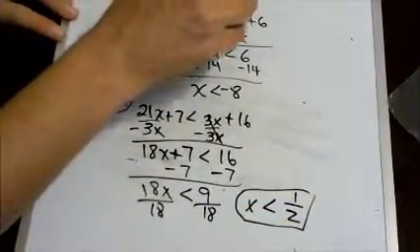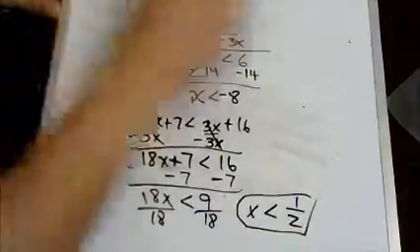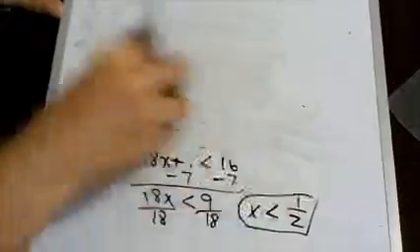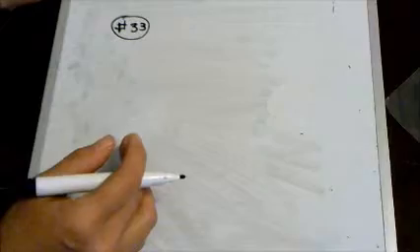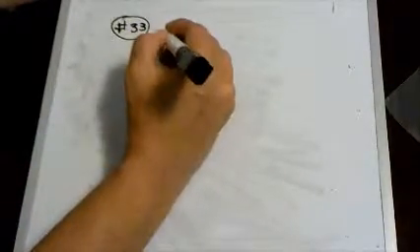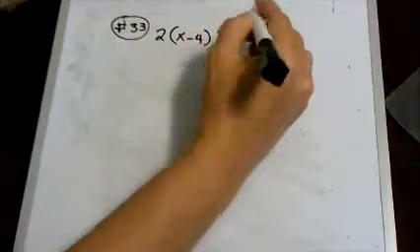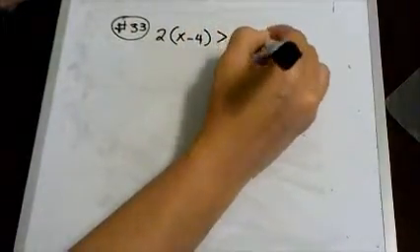Alright, let's go to number 33. For number 33, we have 2x minus 4, 4x plus 6.